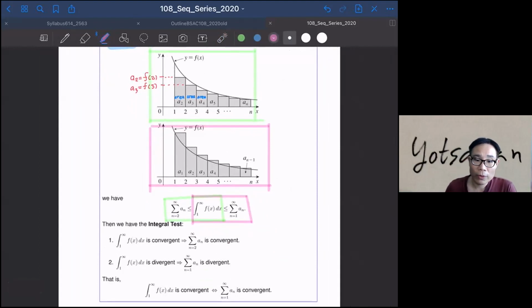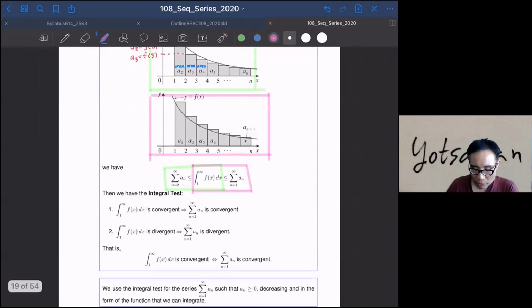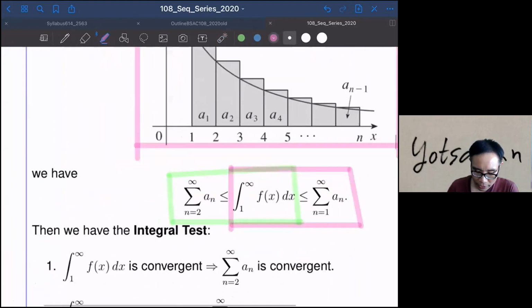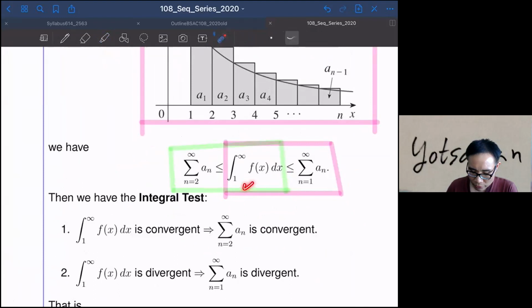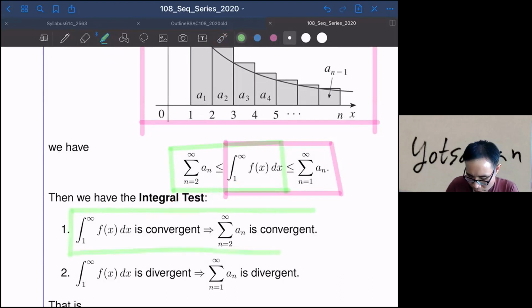From here you can compare these two terms. If the integral converges, or is finite, then the series also converges. This comes directly from the green one. I'm going to use color to distinguish what we are proving so far.